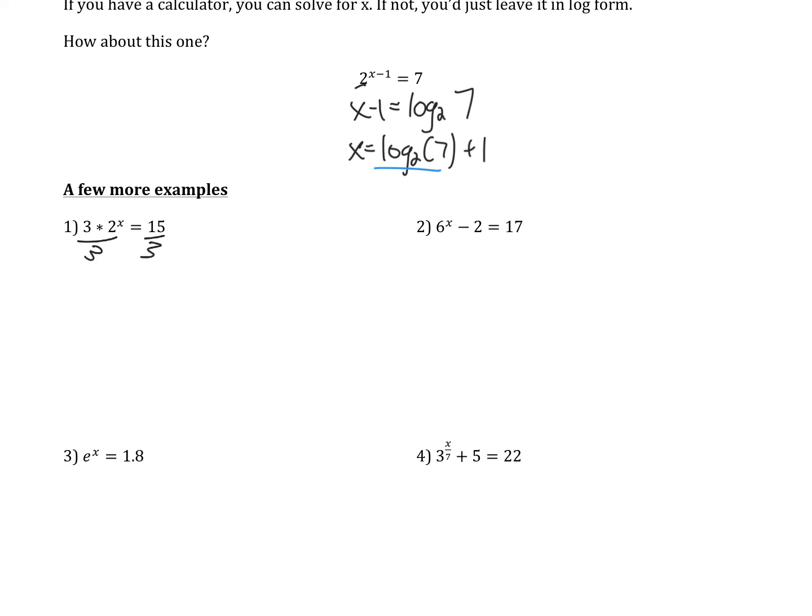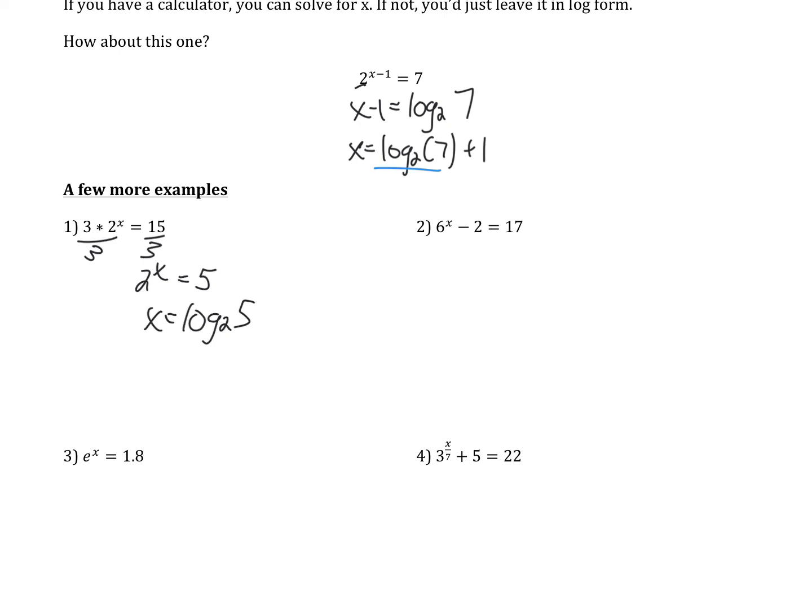If you do that, we get 2 to the x equals, excuse me, not 15, 5. Let me fix that. Equals 5. I cannot rewrite 5 such that it has a base of 2. And now since that exponential expression is isolated, I'm going to log roll it. So I would say x equals log base 2 of 5.